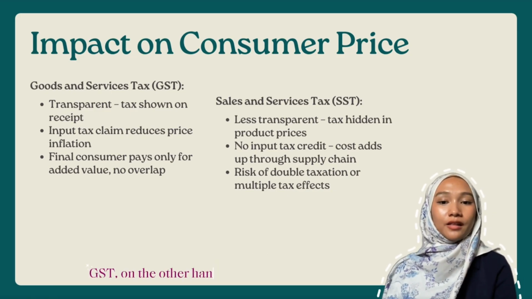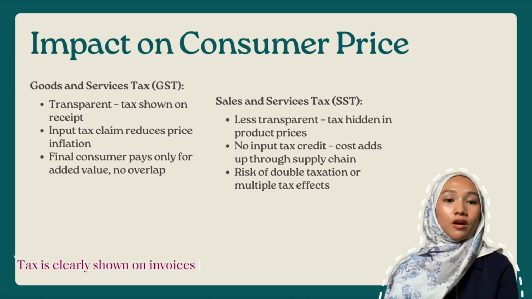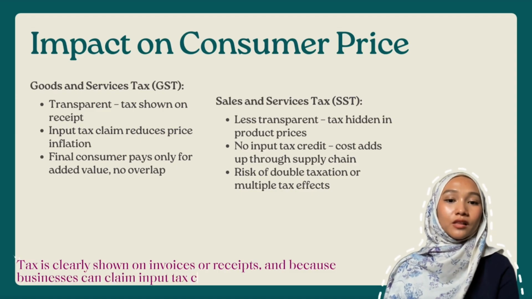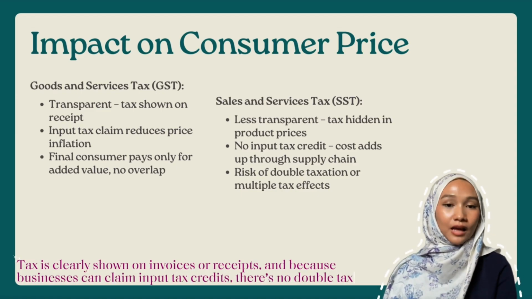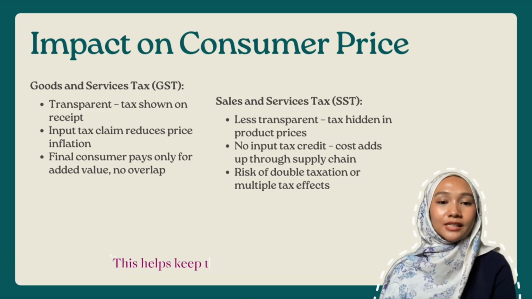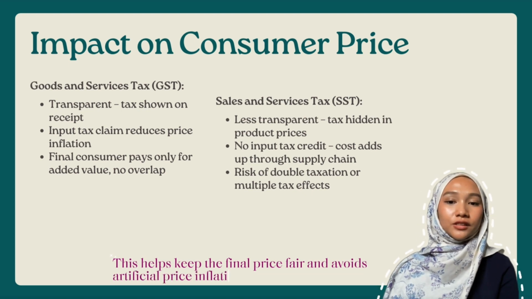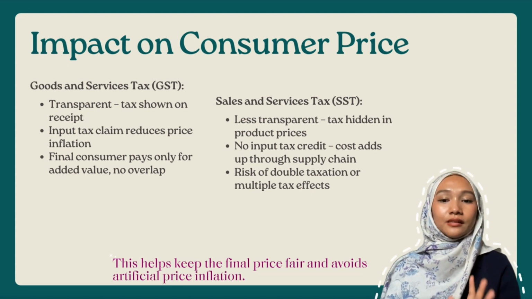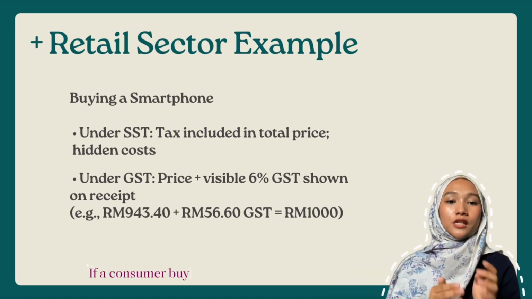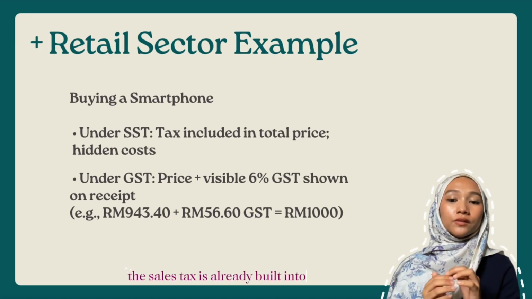GST, on the other hand, is more transparent. Tax is clearly shown on invoices or receipts, and because businesses can claim input tax credit, there is no double taxation. This helps keep the final price fair and avoids artificial price inflation. Take the retail sector as an example. If a consumer buys a smartphone under SST, the sales tax is already built into the price.